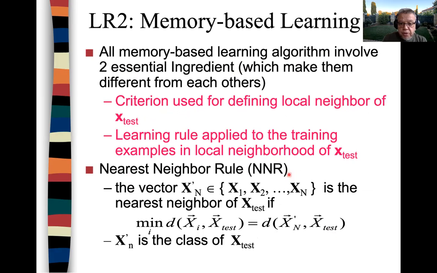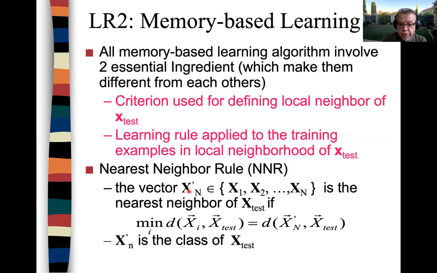So the nearest neighbor rule, NNR. You say that the vector X prime N belongs to the set X1, X2, up to Xn, a set of N elements.